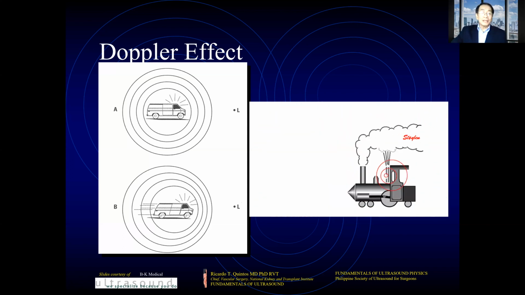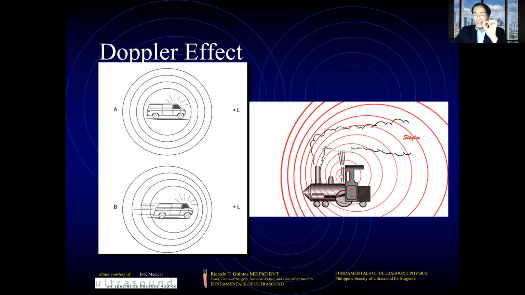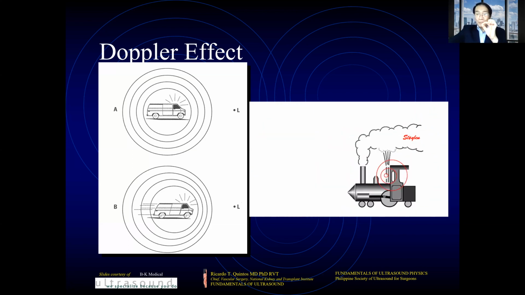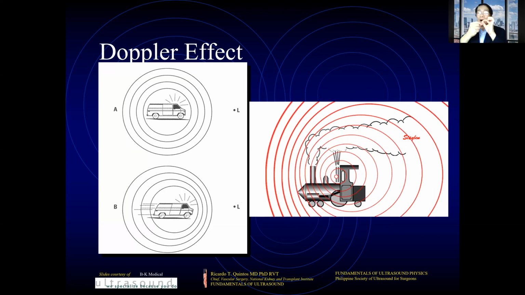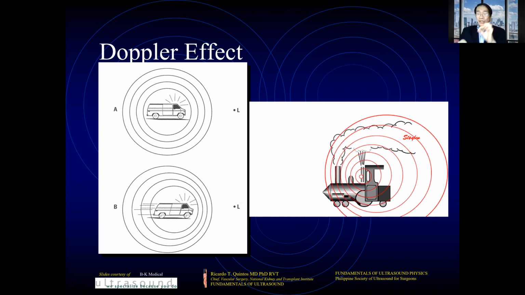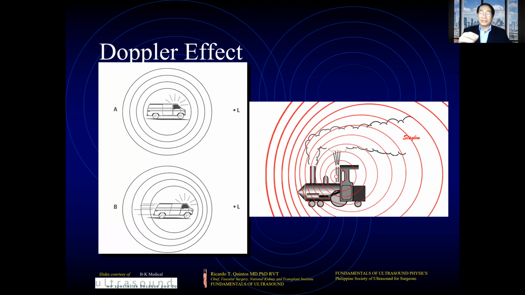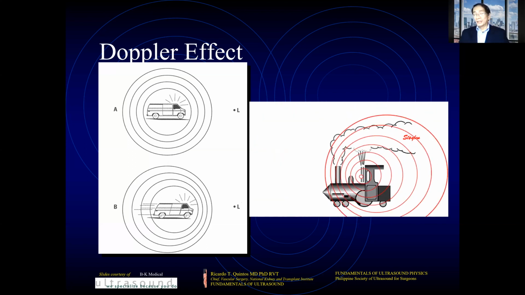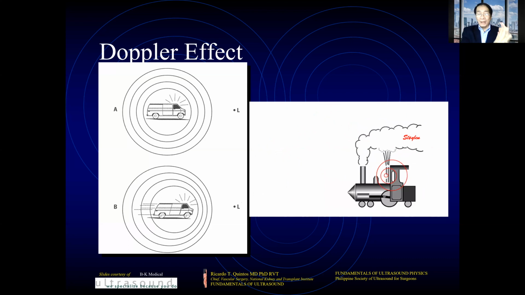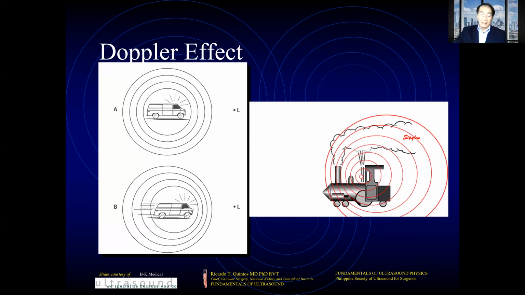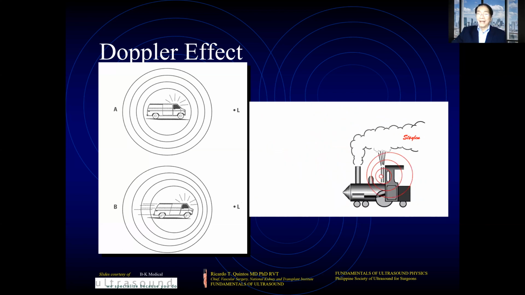It also happens if the source of the sound is stationary and there is an object going towards the transmission of sound. When they meet and the echo is transmitted back to the transducer, that will have a higher frequency compared to the echoes at the back of that particle.